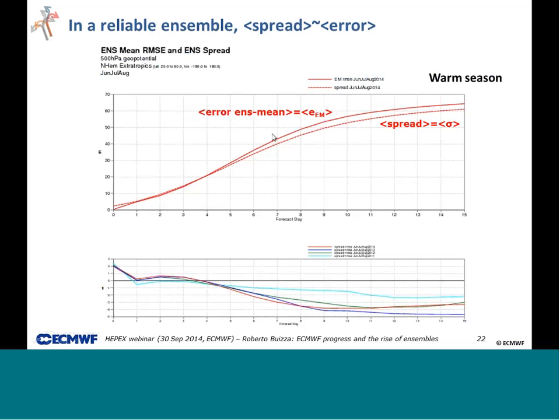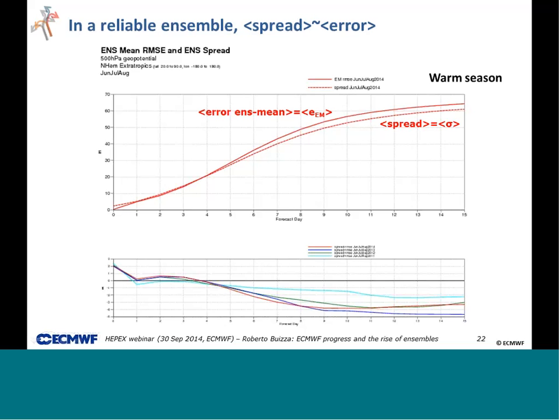When you move into lead time, say beyond 3 days, the error is much larger than observation uncertainty. You can see the observation uncertainty is more or less the same amplitude as the spread of the ensemble.